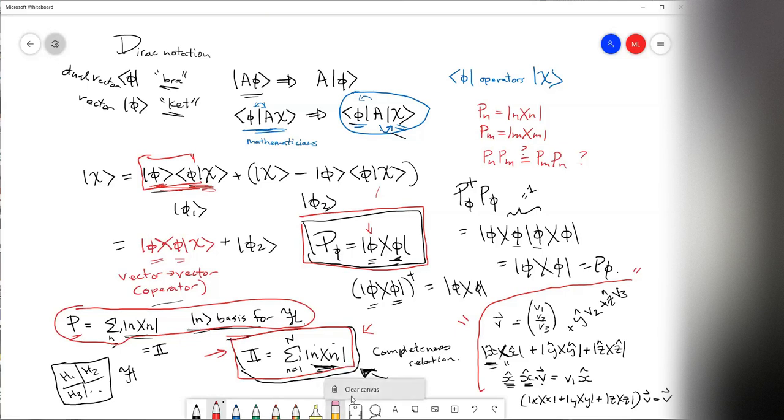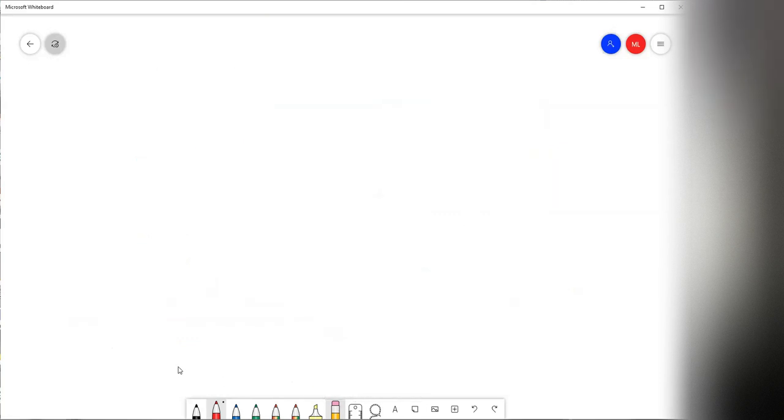Okay, so I'm going to clear this. Let me give you a little bit of an example of how you might use this kind of thing. Say you wanted to learn about the m and nth components, using some basis vectors, of an operator, of a product of operators.